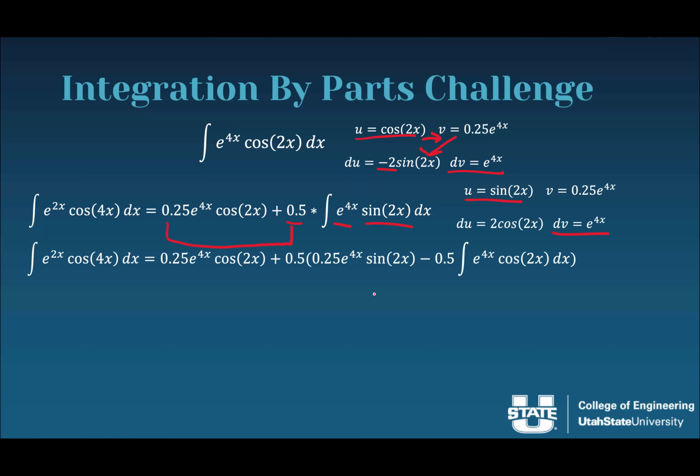So then all of this comes down to here again, and the 0.5 still has to be multiplied through, right? And so we end up with our uv, which is 1/4 or 0.25 e to the 4x times sine of 2x minus our v du, which is going to be, again, 0.25 times 2, so -0.5 times the integral of e to the 4x cosine of 2x.